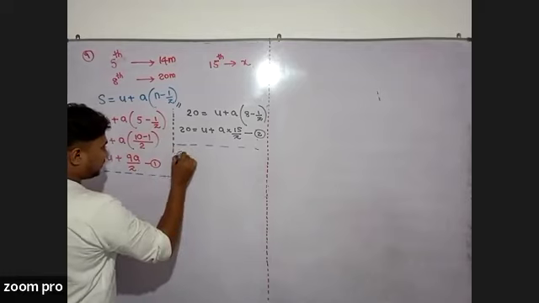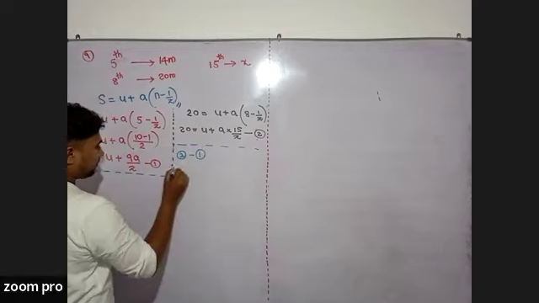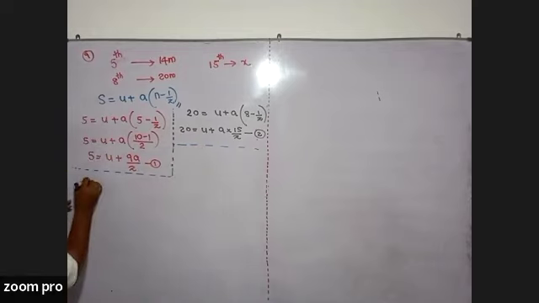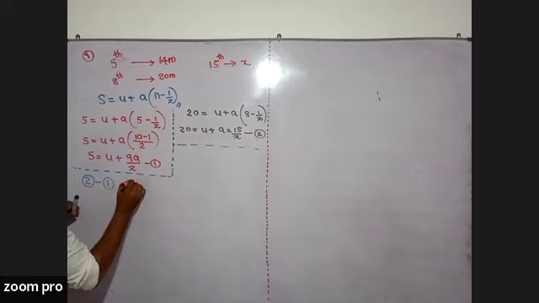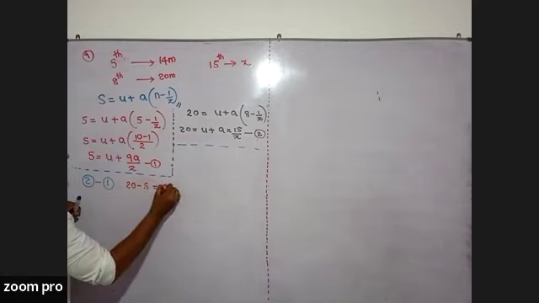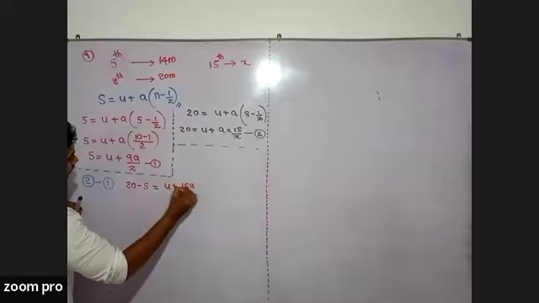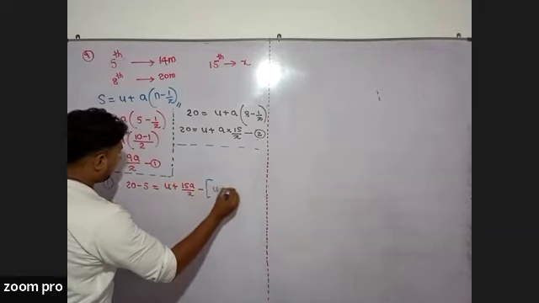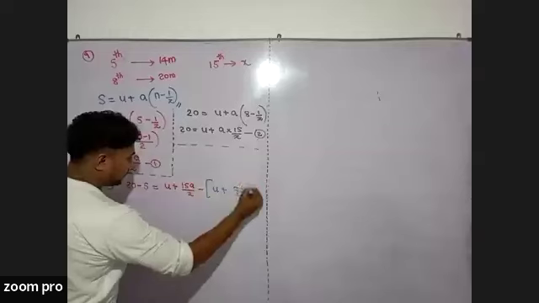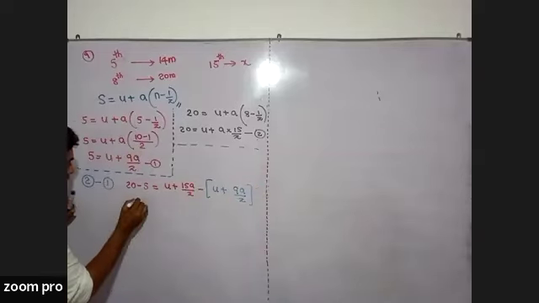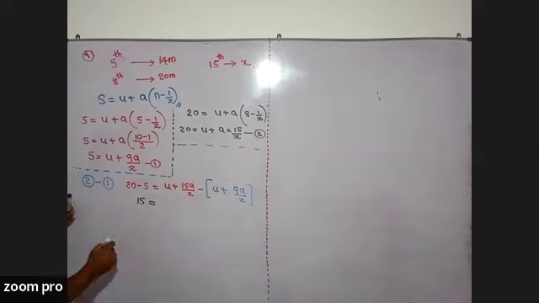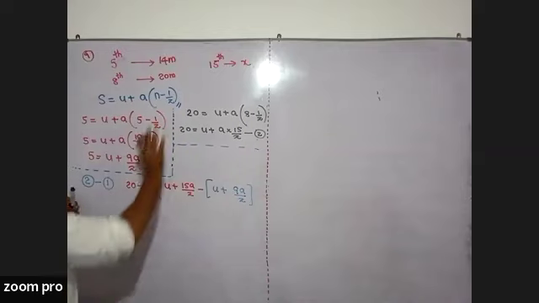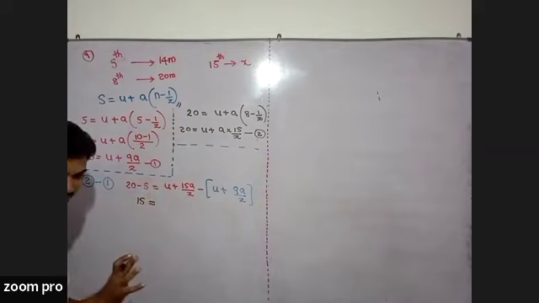So let's subtract the first equation from the second one. That means 20 minus 5 equals u plus 15a over 2 minus u plus 9a over 2. Right. So if I further simplify it, 15 equal to, sorry, I have made a mistake here.